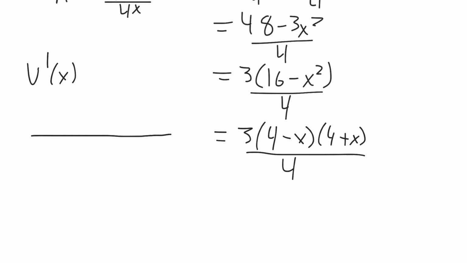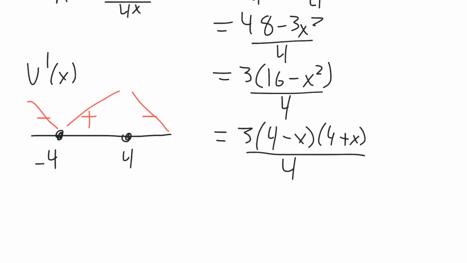We have a 0 at 4 and a 0 at negative 4. If we pick a value bigger than 4, say 10, this will be negative, this will be positive. So overall, we're going to have a negative value, change the sign to positive value, and change the sign to negative value. So our function is decreasing, increasing, and decreasing.